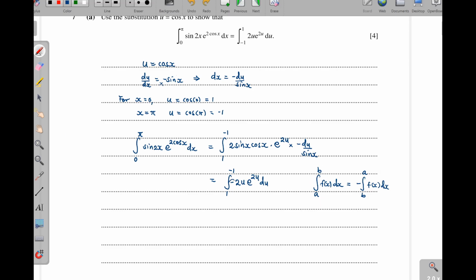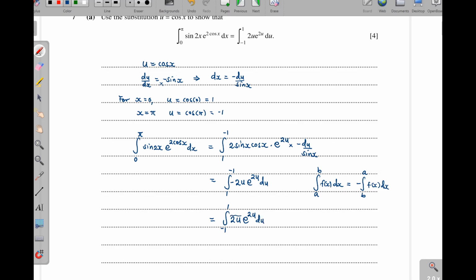Now, to absorb this negative that is in here, I will switch these ones here. So I will take this smaller one down, and this bigger one up there. So that means we shall have the integral from negative 1 to 1, then 2u e to the power of 2u du.